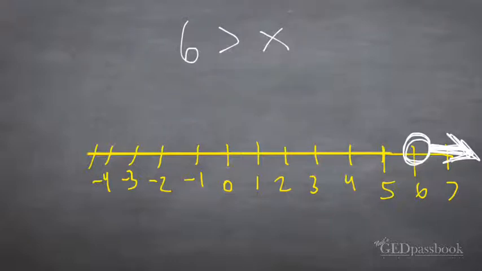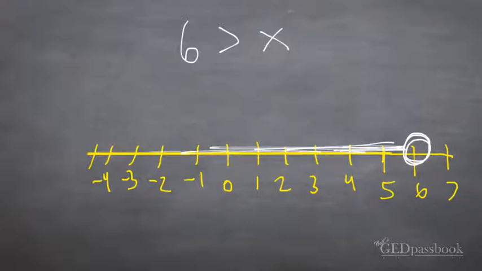What would you say then? x is less than 6, right? That usually helps you because that tells you x is less than 6. So x could be any number less than 6, which means x could be any of these numbers here.